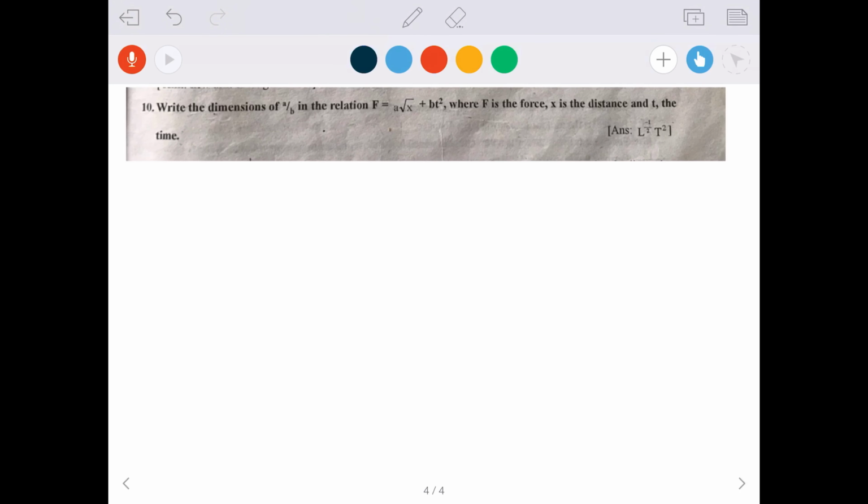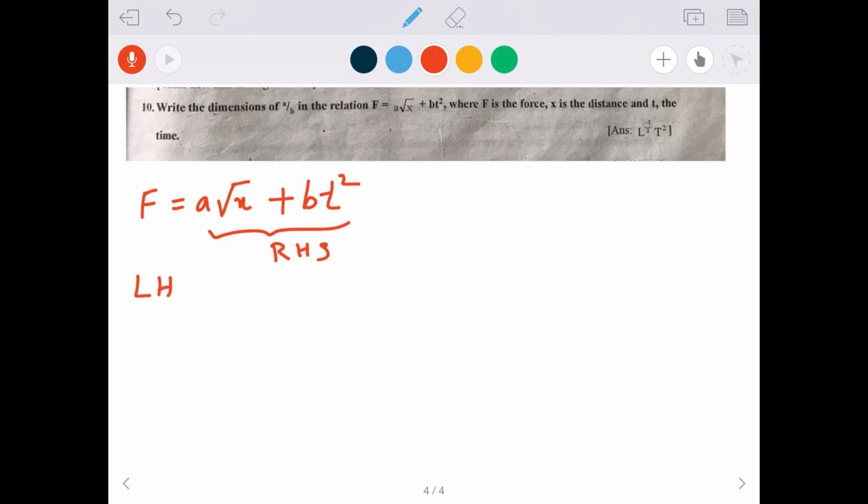So as per the principle of homogeneity, we have studied, the dimensions of the LHS should be equal to the dimension of each term of the RHS. So here you have A root x.